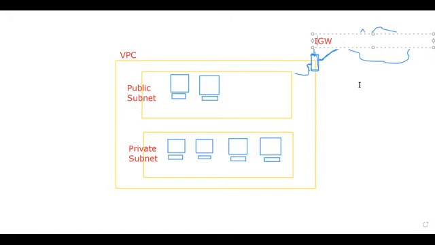Your internet gateway will be part of your VPC. It's part of the components that would need to be in place for your VPC to work, for you to be able to connect to the internet. What's the VPC without internet? Doesn't make sense, right?